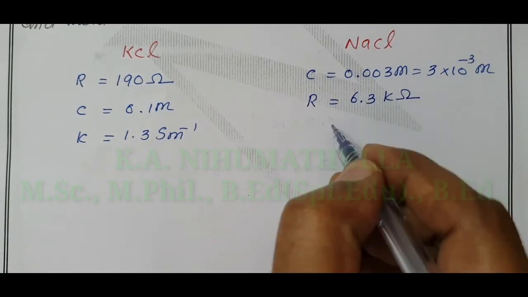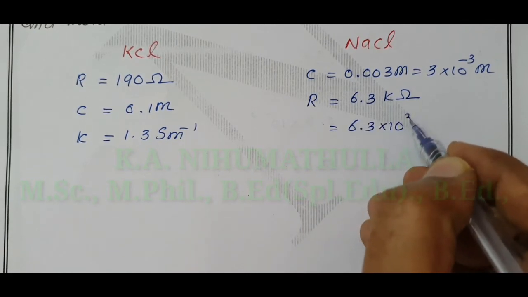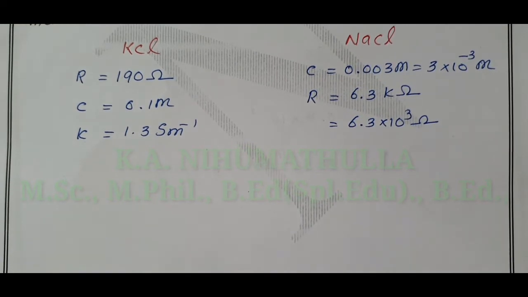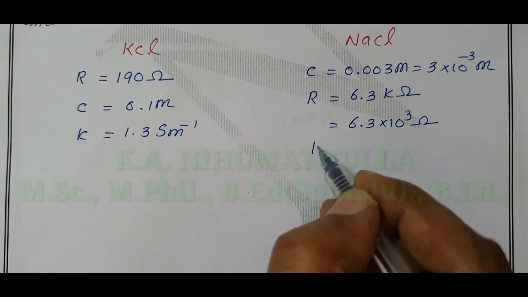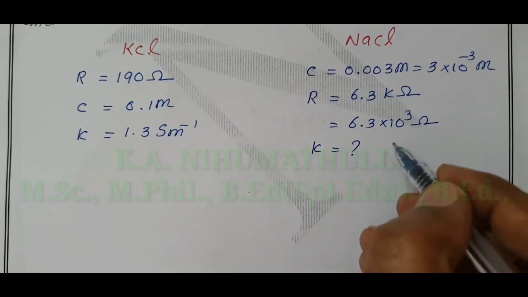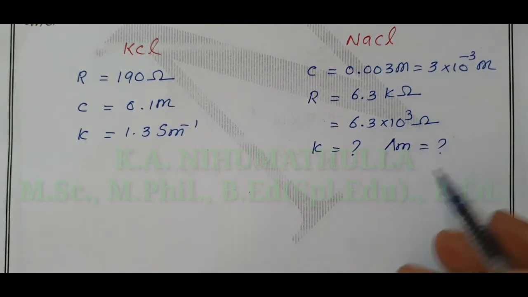We can convert it into ohm: 6.3 into 10 power 3 ohm. What values are asked? Our question is to calculate kappa, specific conductance, and molar conductance for NaCl.